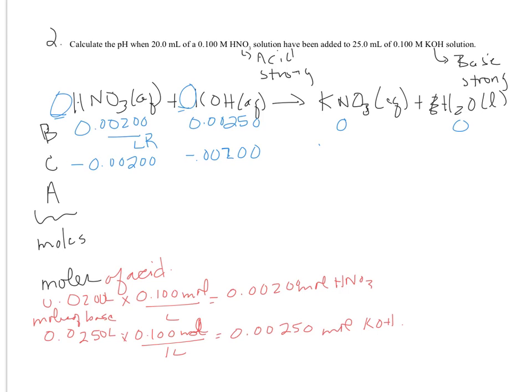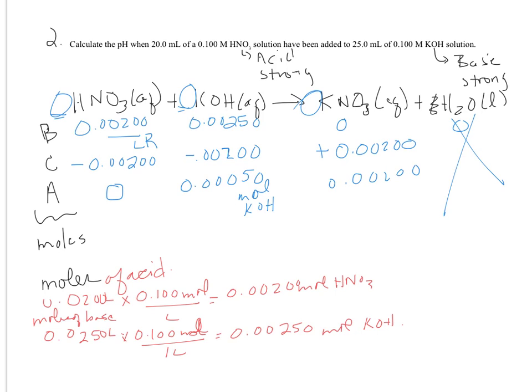Because again it's a 1-to-1 mole ratio, I'm going to make 0.00200 moles of the potassium nitrate, and I really don't care what the water is doing because it is an aqueous solution. After the reaction is complete, I'm not going to have any nitric acid left over. I'm going to have 0.00050 moles of potassium hydroxide remaining, and 0.00200 moles of potassium nitrate.